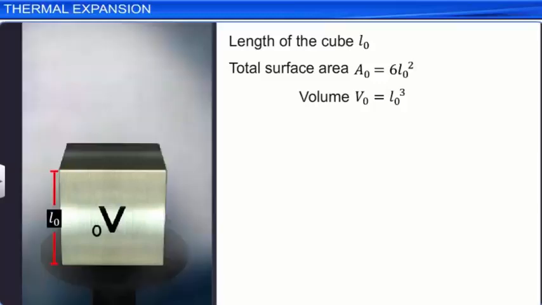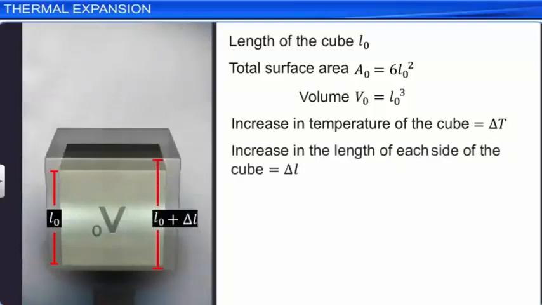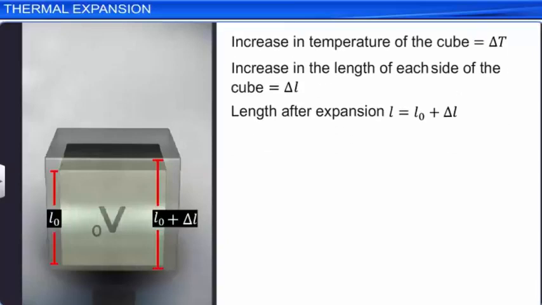When the temperature of the cube is increased by delta T, let the length of each side be increased by delta L. Therefore, the length of the side after expansion, L, equals L naught plus delta L. Change in area, delta A, equals 6 into (L naught plus delta L) whole square minus 6 L naught square.